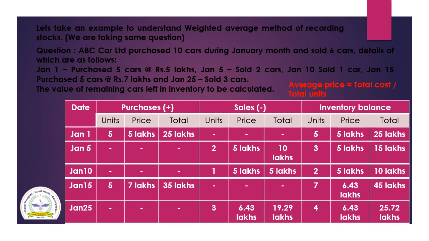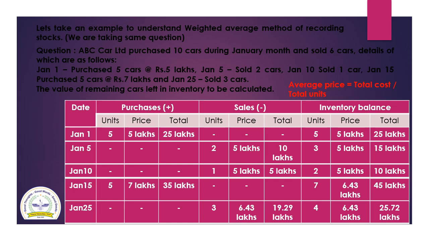And the remaining will be 7 minus 3, which comes to 4. So we have 4 units in inventory with the same average price of 6.43. So the answer comes to 4 multiplied by 6.43, 25.72 lakhs.